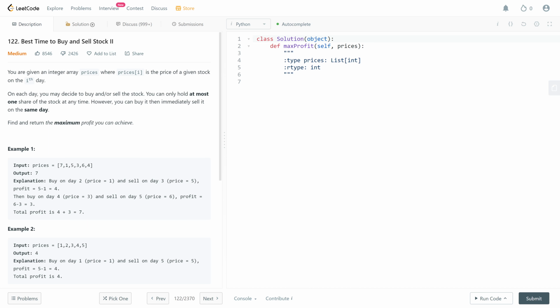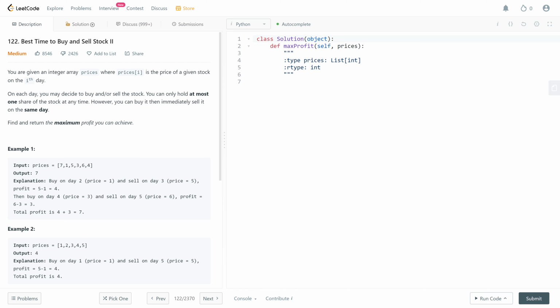Okay, so this is a little bit tricky. Let me read an example and see what that means. If the prices are 7, 1, 5, 3, 6, 4, what can you do? Output is 7. You can buy on day 2 at price 1, and then sell on day 3 at price 5.